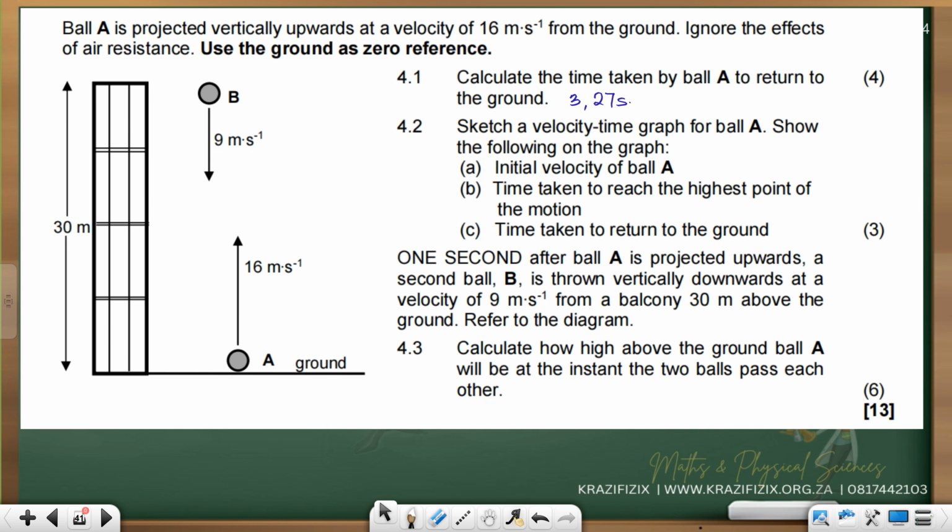Refer to the diagram. Calculate how high above the ground ball A will be at the instant the two balls pass each other.